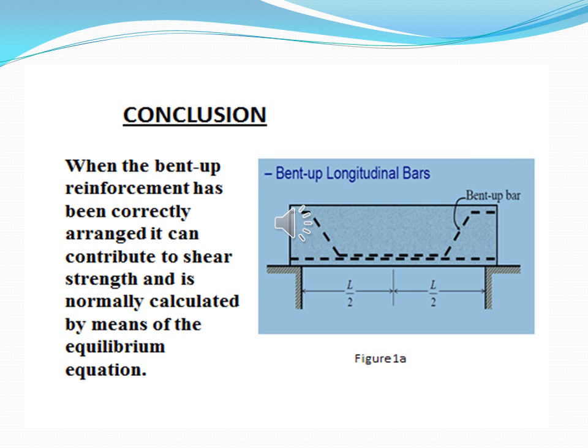In conclusion, when the bent-up reinforcement has been correctly arranged, it can contribute to the shear strength and is normally calculated by means of the equilibrium equation. Figure 1 shows a reinforced beam and its bent-up longitudinal bars.